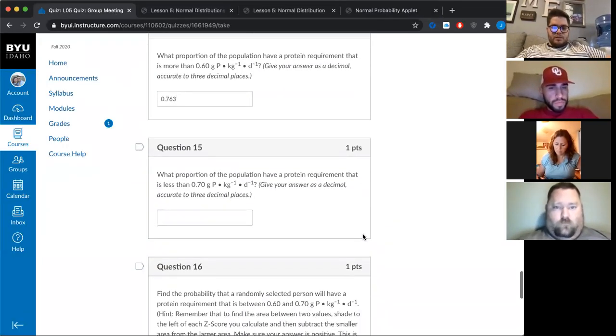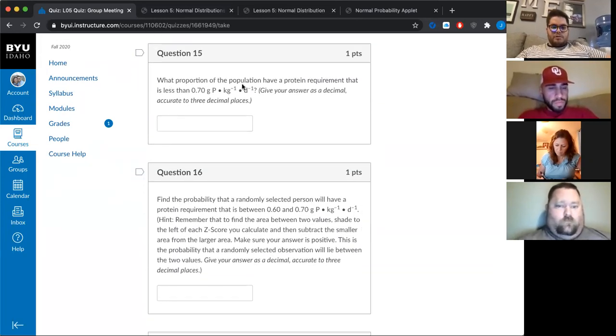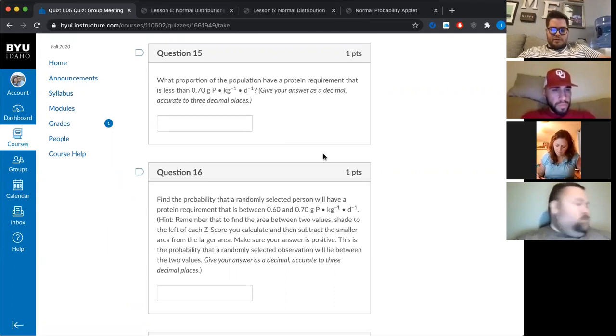So, all right. And then question 15: What proportion of the population has a protein requirement that is less than 0.7 grams? So same thing that we did before. So 0.7 minus our 0.65 is the mean, gives us 0.05. And then we're going to divide that by 0.07. Oh, it's the same.